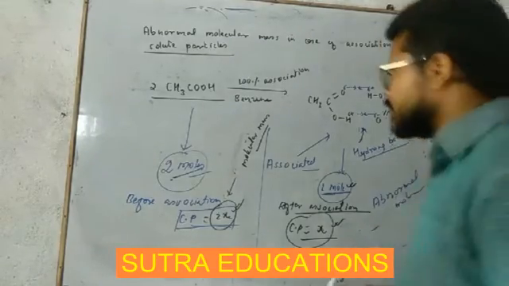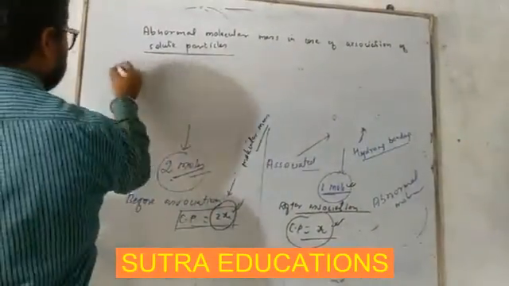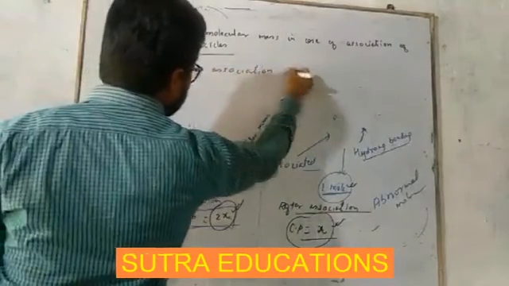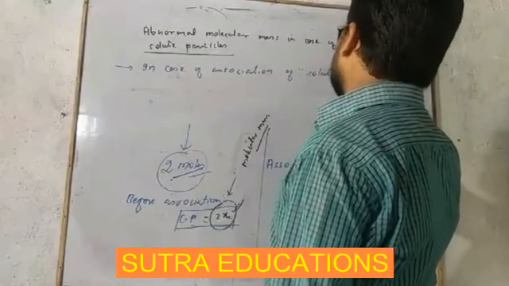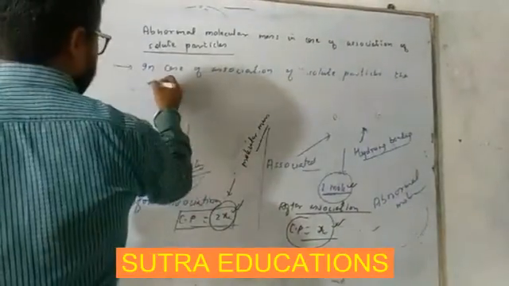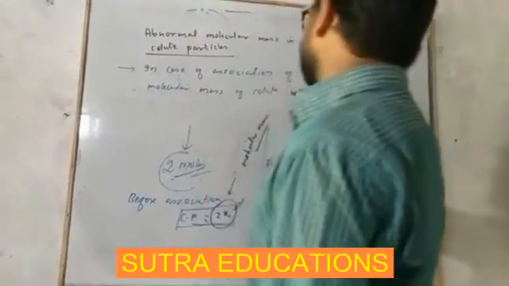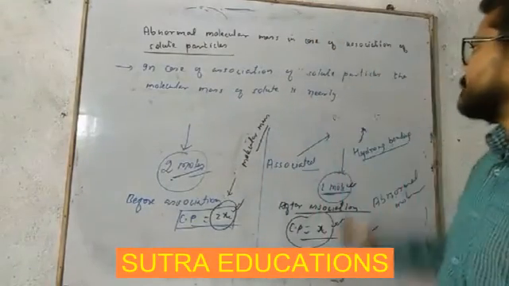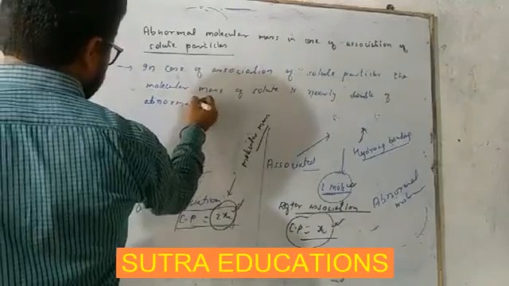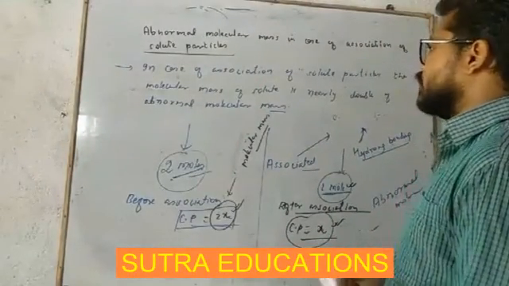Okay, so in this case I am going to write here: in case of association of solute particles, the molecular mass of solute is nearly double of abnormal molecular mass.